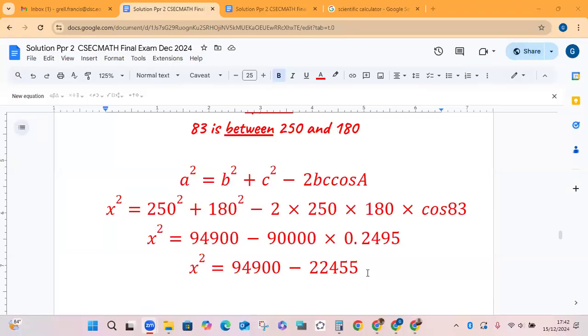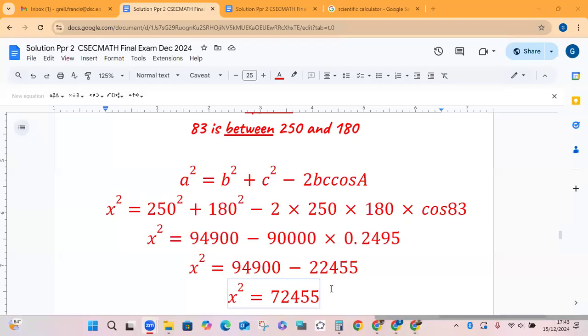So I got 22,455. So let us subtract 22,455 from 94,900. That's 72,455. And now to find x, we square root 72,455.